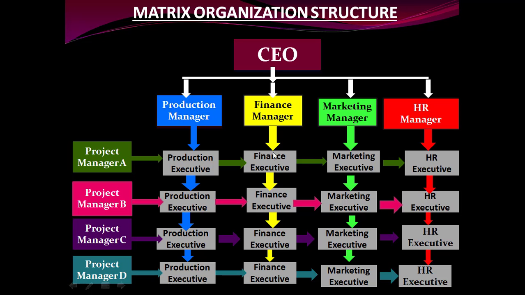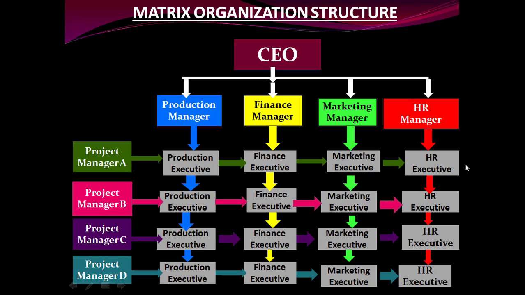For the finance executive who is working in project A, he will report to the project manager and the finance manager. For the marketing executive, his reporting bosses will be the marketing manager who is his departmental head and the project manager who is his project head.